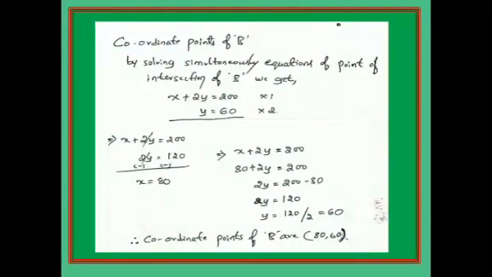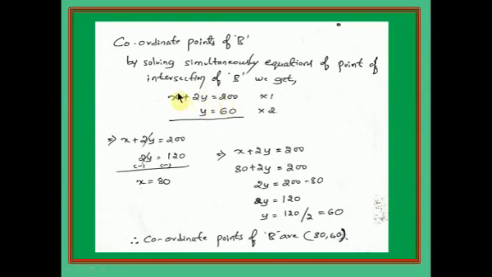So the coordinate points of B: solving simultaneously the equations of the point of intersection of B, we get. The responsible equations were these two: x plus 2y is equal to 200, y is equal to 60. You know already how to solve two equations simultaneously.